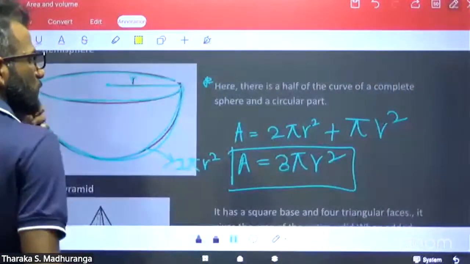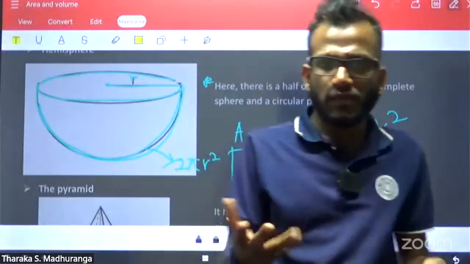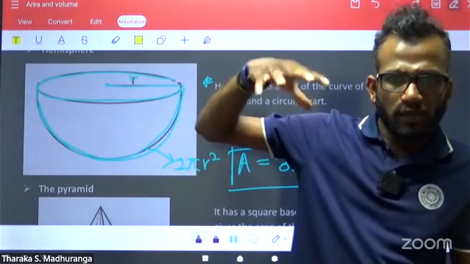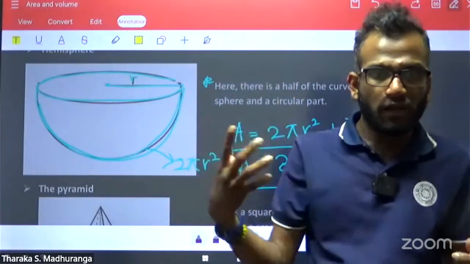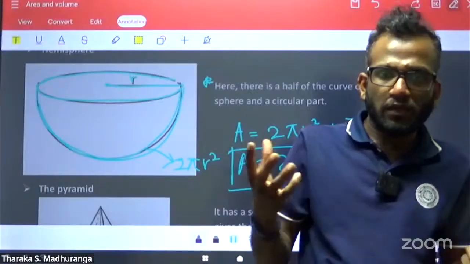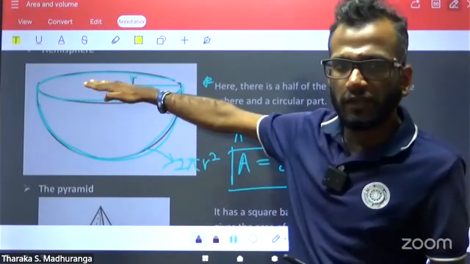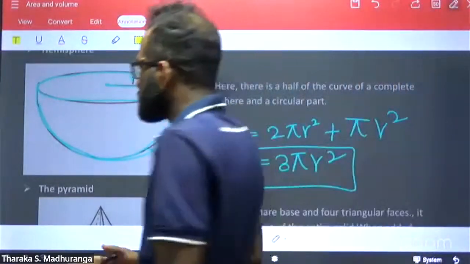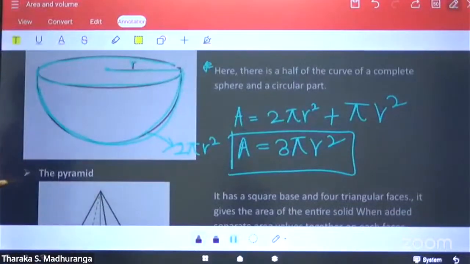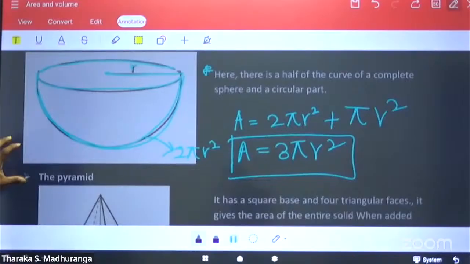That's the practical point. A hollow hemisphere doesn't have the above surface, so it is only 2 pi r squared.